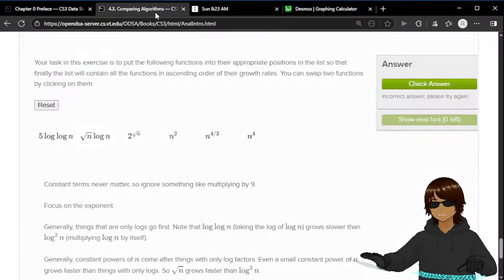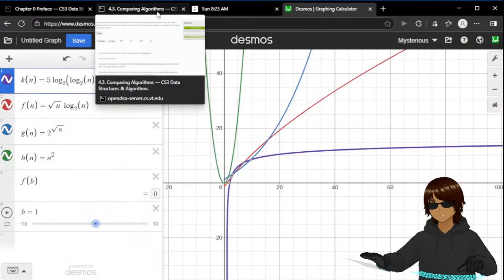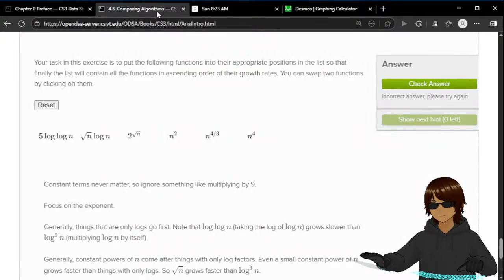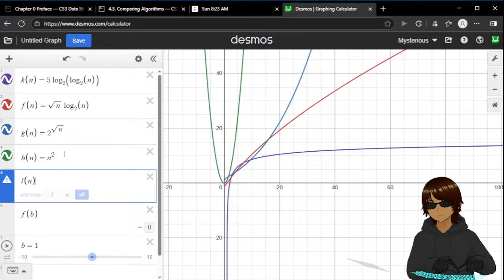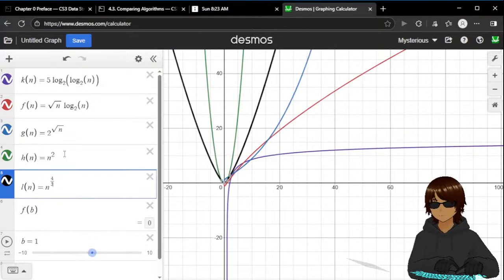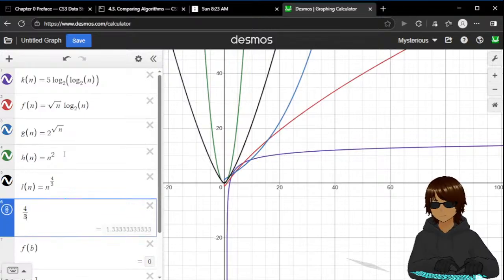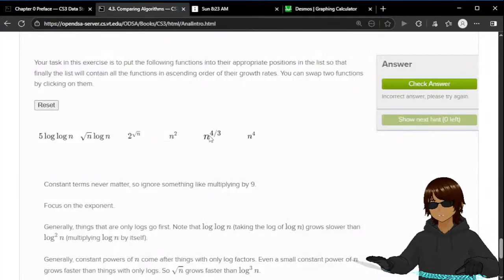I don't get what the issue is. 5 log n, root n log n, and then 2 root n squared, n to the 4/3. Oh, 4/3 is smaller.